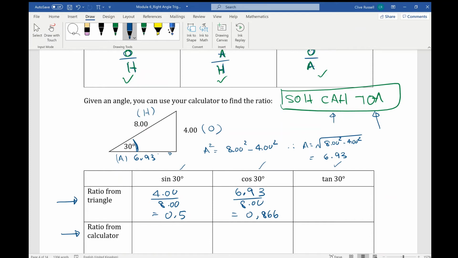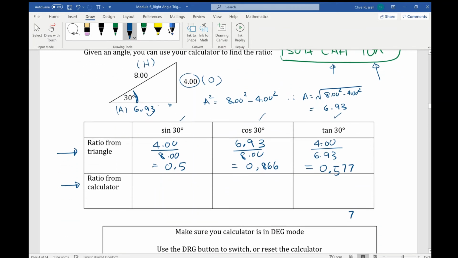So the opposite is 4.00, and then the adjacent is 6.93. And if you put that in your calculator, you're going to get 0.577.